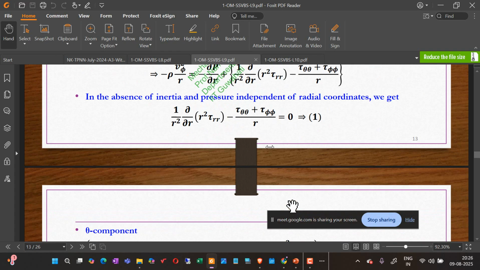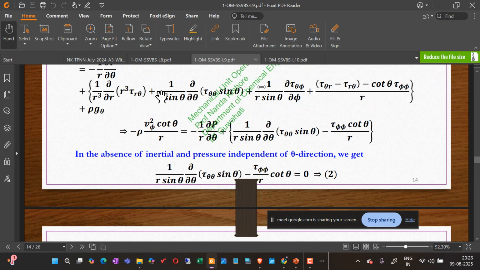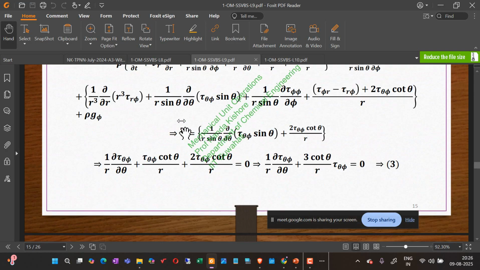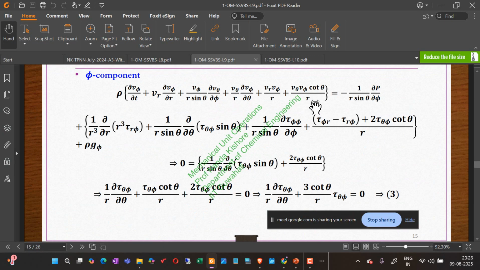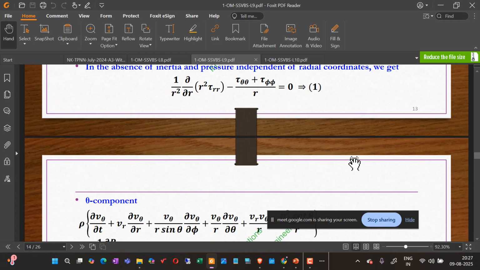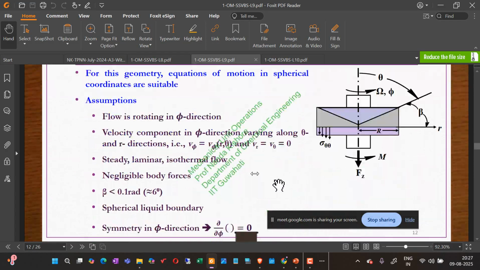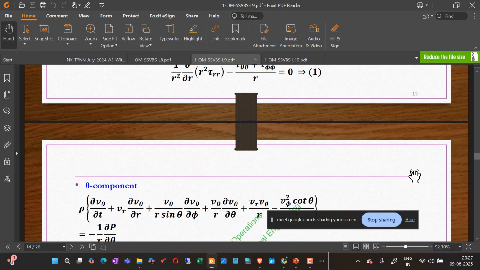So for the theta dimension you write the momentum equation, and for the phi dimension you write the momentum equation. These are very simple. You just write the terms and implement the conditions. Anywhere you have del by del phi, that becomes zero. Anywhere you have vr and v theta, that becomes zero. Only v phi will exist, and vr and v theta will become zero.